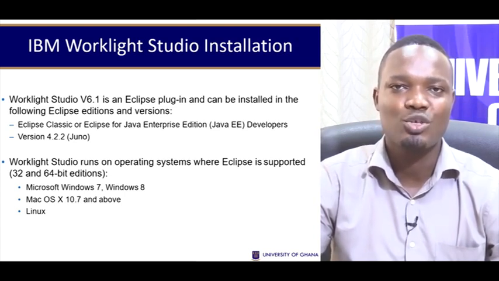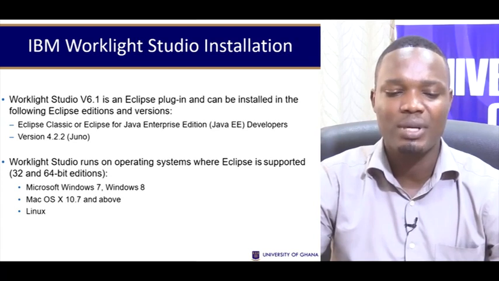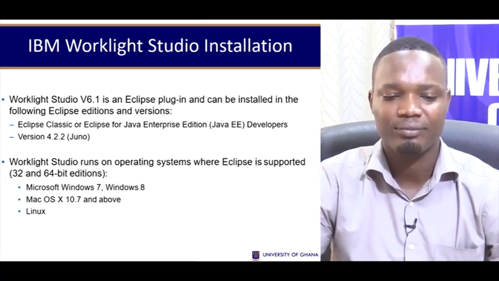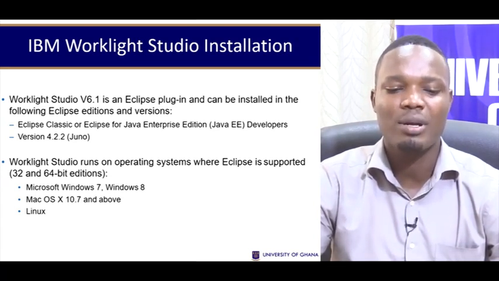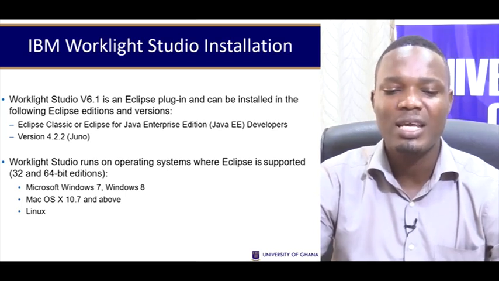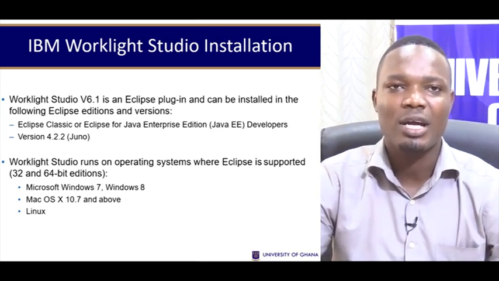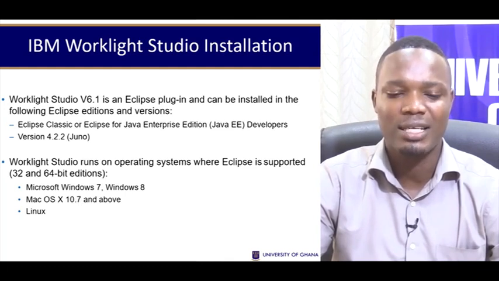It runs on a 32-bit and a 64-bit edition. You can have Eclipse on Microsoft Windows 7, 8, and later. You can also have it on Mac OS 10.7 and above. Then you can also have it on the various flavors of the Linux system.